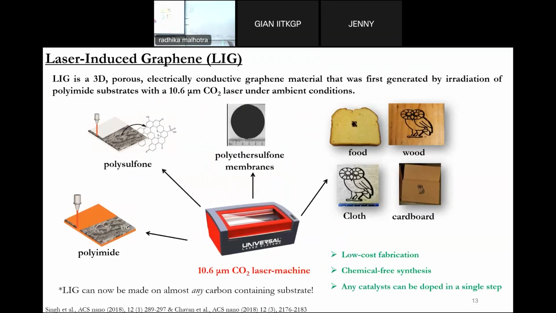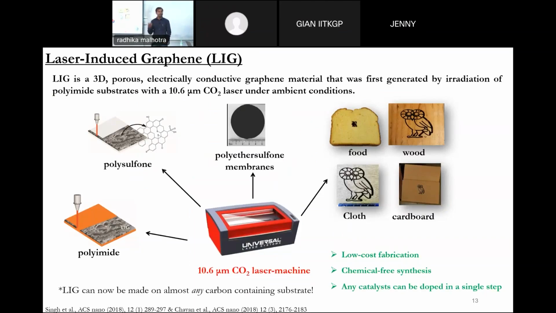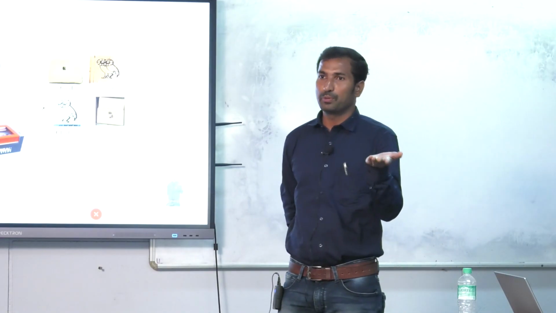So for that process we started to do the research on electroconductive membranes. Initially I was working with carbon nanotube membranes. I think you might know about CNTs. There are single-walled and multi-walled carbon nanotubes. We started with multi-walled carbon nanotubes and made self-supporting membranes.